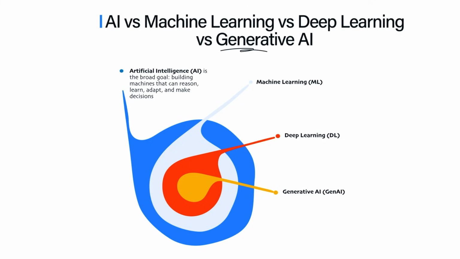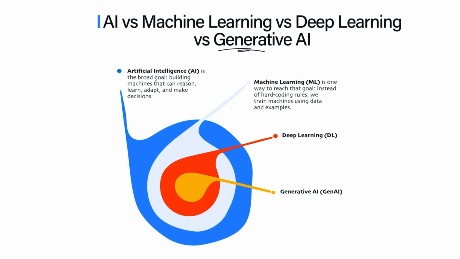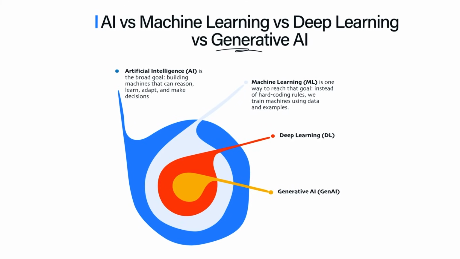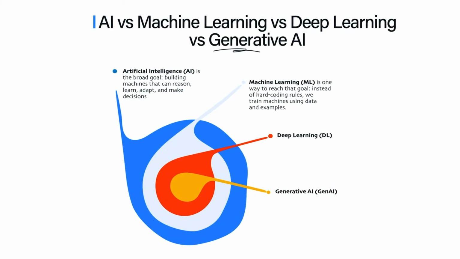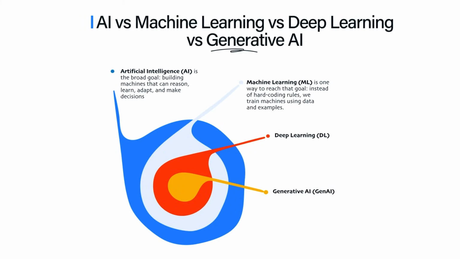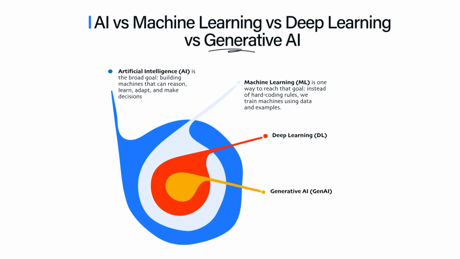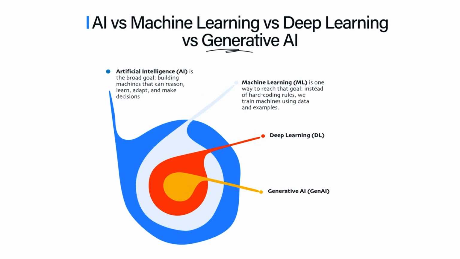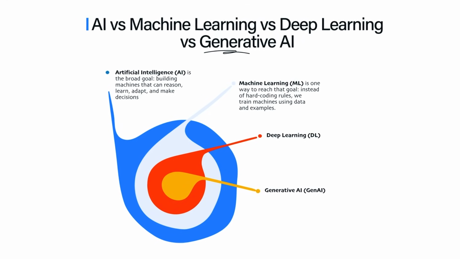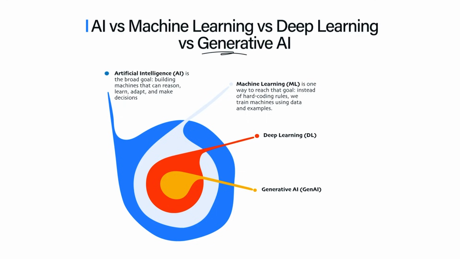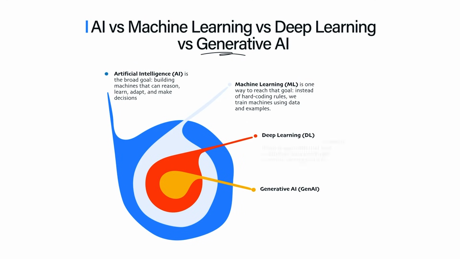Machine learning is a subfield of AI. It is essentially a practical way to achieve AI in machines. Now, with machine learning, instead of hard coding rules, we show systems a bunch of examples and let them learn the rules on their own. Deep learning is a subset of machine learning. It is a more advanced form of machine learning, basically.